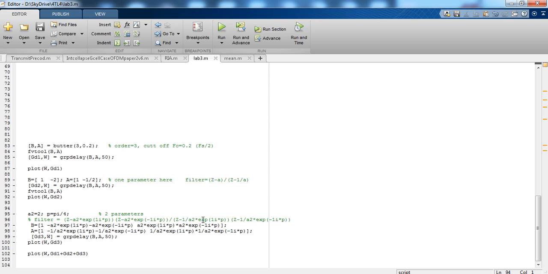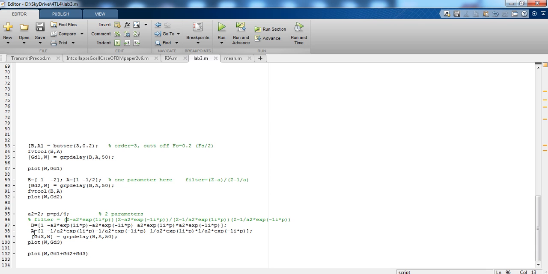The zeros are the same as the poles, but instead of a it is 1 over a. So it's like cascading two of these, but instead of a only it is a e to the power j phi. You can also prove that this filter is an all pass filter. The magnitude is constant, whatever frequency you are using, and it only changes the phase response.